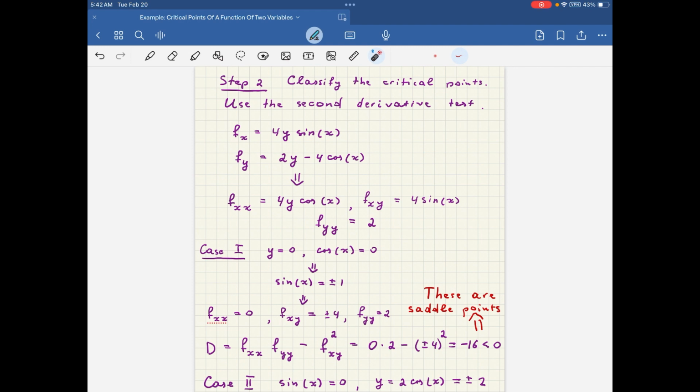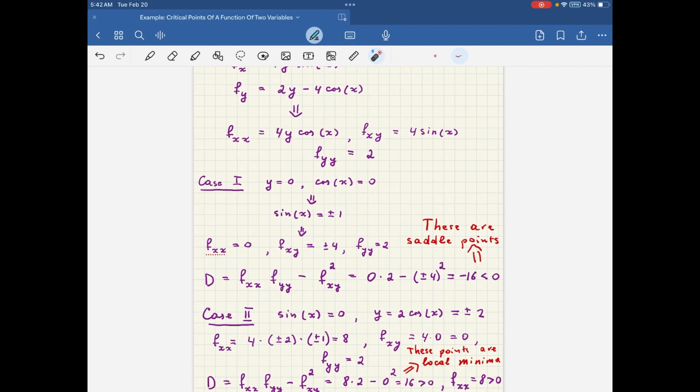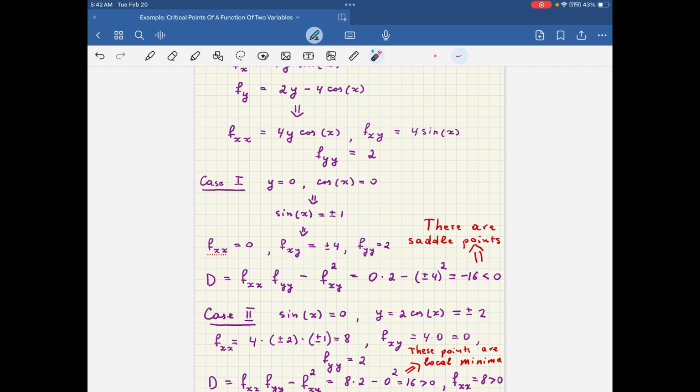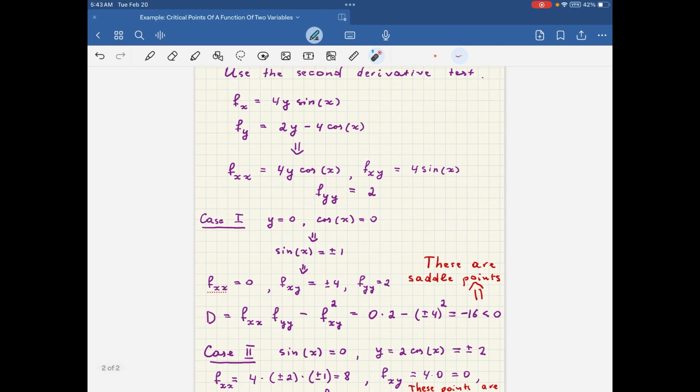And now we return to our critical points. Remember, we had two cases. The first case was y equals 0, cosine x equals 0, and sine x values either positive or negative 1. We plug these values into the second order derivatives that we just found, and we find that fxx, the second order derivative of f with respect to x both times, is equal to 0. The mixed partial derivative for sine x is going to be either positive or negative 4, and then fyy is 2.